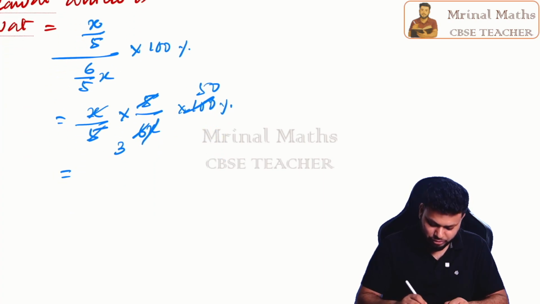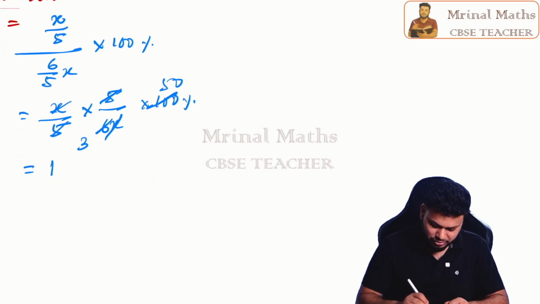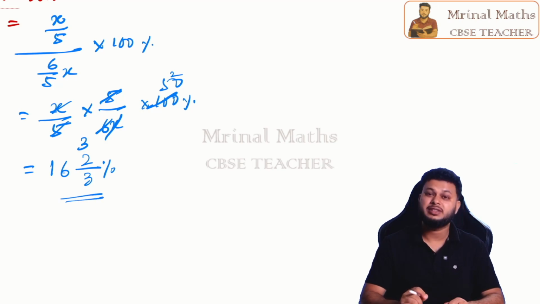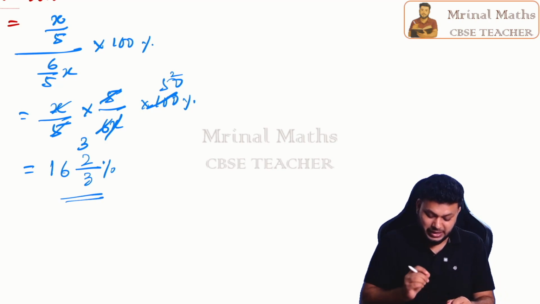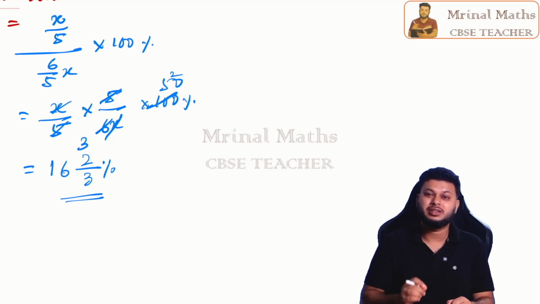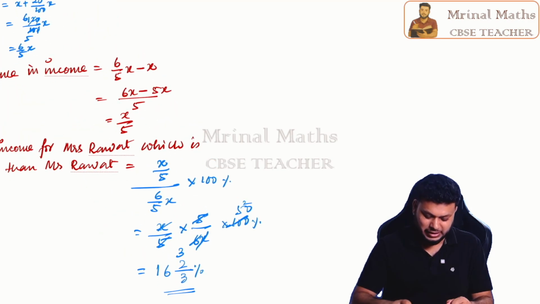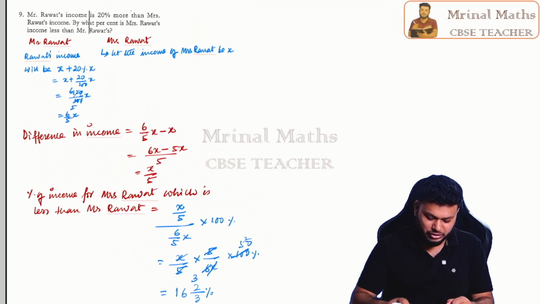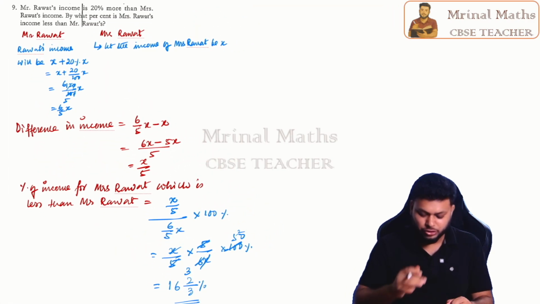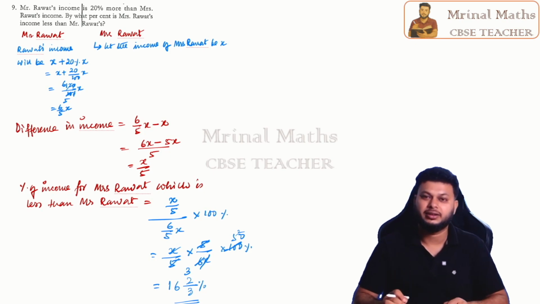We are going to get 3 1s are 3, carry off 2, 3 6s are 18, 2 by 3%. So Mrs. Rawat's income is 16 whole 2 by 3% less than Mr. Rawat's. I hope you understood this. This is the entire solution for you. If you want to take a screenshot, you can go ahead. I hope this was clear.